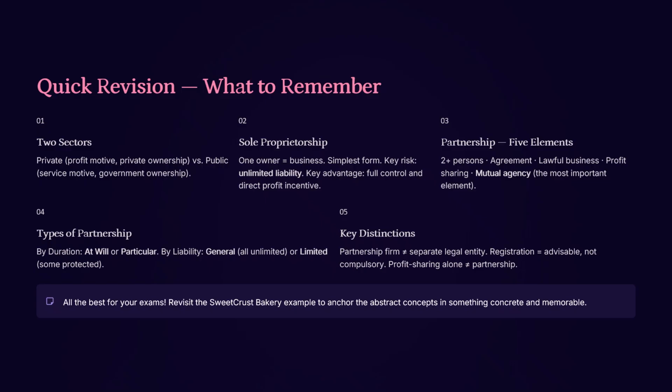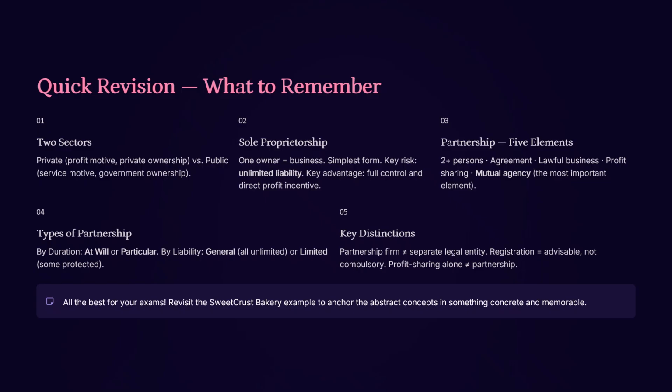Sole proprietorship is owned by one owner and partnership is owned by two or more persons. And there are five elements in a partnership: there should be two or more persons, there should be an agreement, it should be a lawful business, there should be profit sharing, and the important point is there should be a mutual agency.